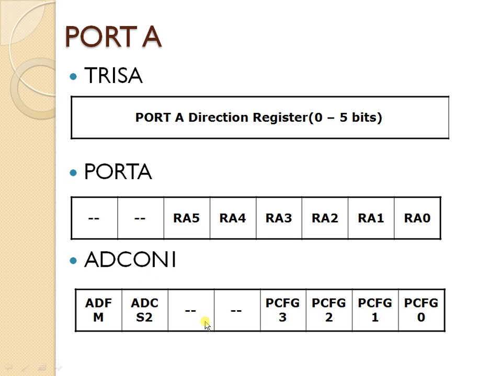Out of these 8 bits, we'll be using only these 4 bits in the case of GPIOs, that is PCFG0 to PCFG3. These are called port configuration bits. So anything like 0, 1, 1, X. If you write 6 or 7 into these bits, then port A and port E will be working as GPIOs.